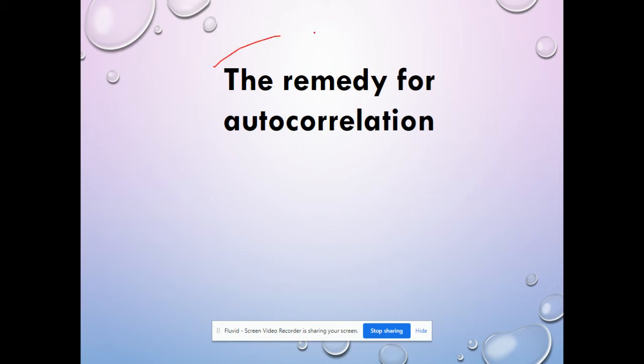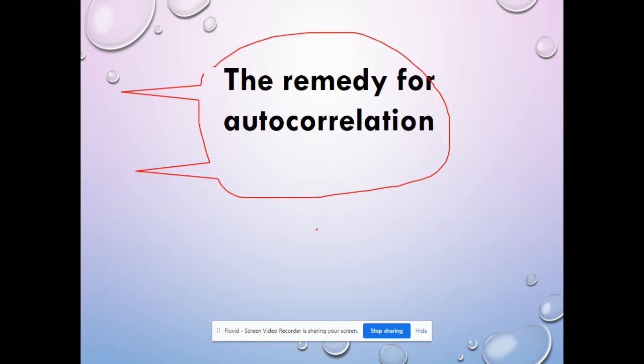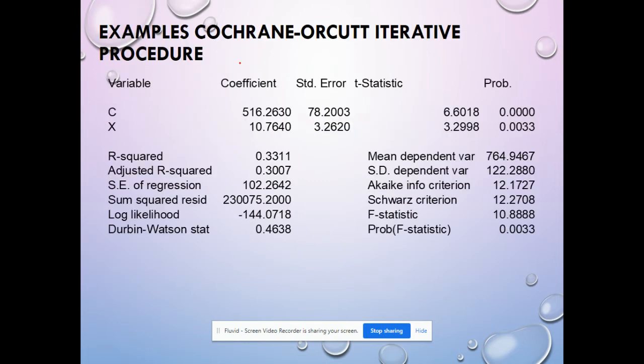One of the most famous remedial measures for autocorrelation is what we call the Cochrane-Orcutt iterative procedure. I'll give you another example and a few more videos on YouTube, which I will share with you, to see that there are a few methods to solve this problem. One is the Cochrane-Orcutt iterative procedure.